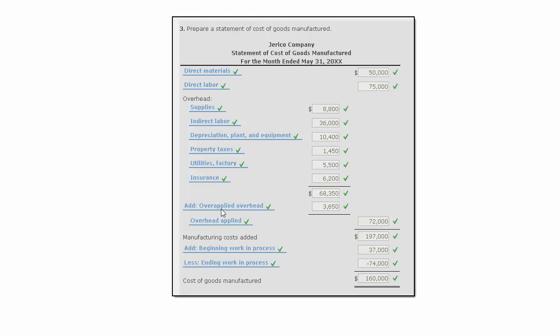Now remember, if we had over-applied overhead, that means that there was more applied than what actual overhead was incurred. They applied 72,000, but only 68,350 was actually found in our actual expenses. So the difference needs to be put in there to come up with the difference between actual and what was applied.